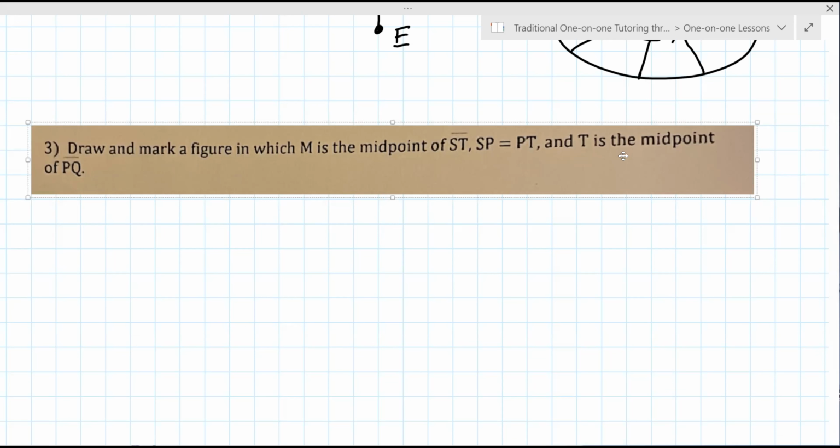Draw and mark a figure in which M is the midpoint of ST. So it's actually kind of the same thing that we just did. Here's S, and then here's T, and then there's M. M is right in the middle. Okay.